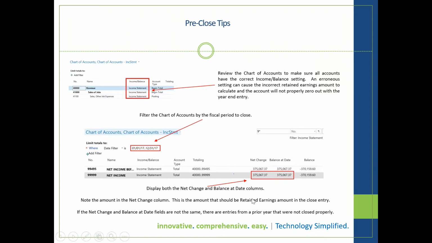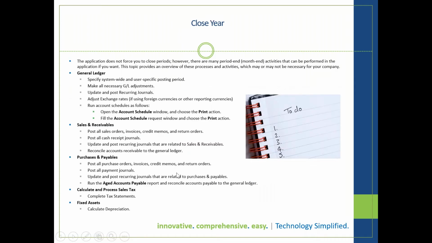If they don't match, it generally means that there are some post-closing adjustment entries in a previous year that still need to be closed, and you'll have to go back and close those. You can go back to each prior year and put in, for instance, January 1st, 2016 through 12/31/2016, and it should be 0. I'll display how to do that in just a minute when we go into NAV.